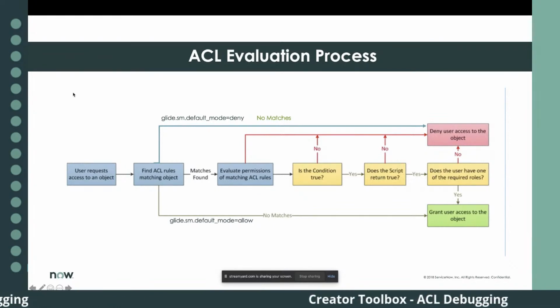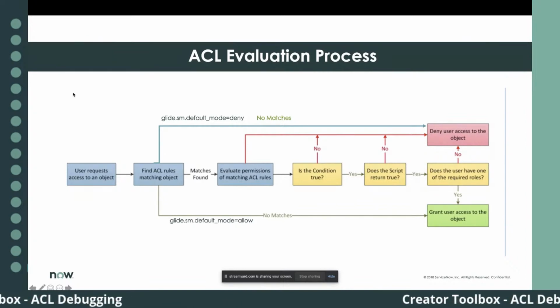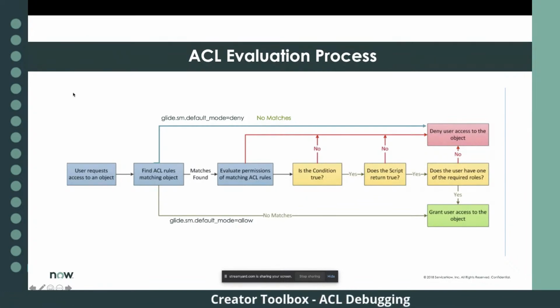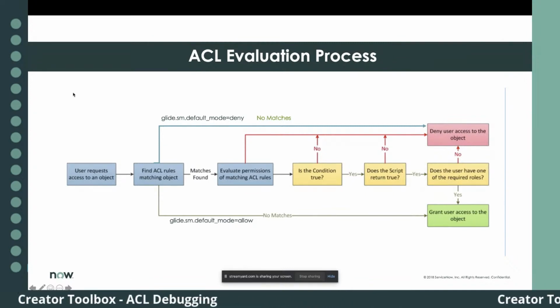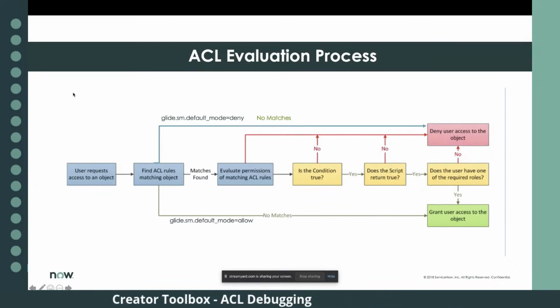Whenever you think there is unauthorized access, the first security check you should do is check this property, whether it is set to allow or deny. Then once you have the ACL defined on a specific table, it proceeds further in the evaluation process and evaluates the permission that decides whether the user will get access to the resource or not. First is the condition.